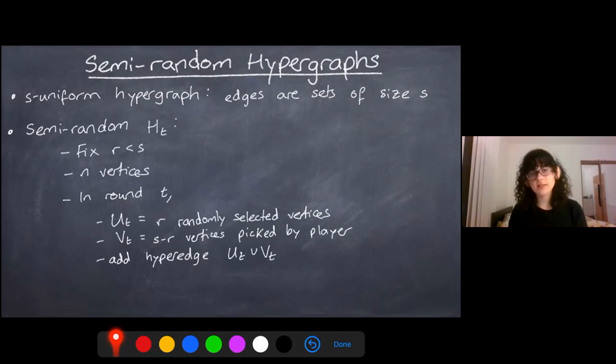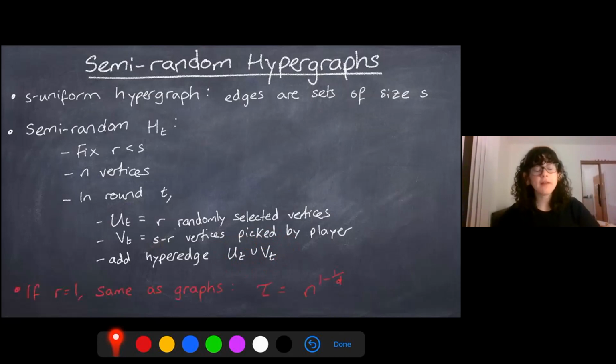We have n vertices, and in the t-th round, we have some set now of vertices, U_t, which are the randomly chosen vertices, chosen uniformly at random, and the player can pick s minus r vertices, which are going to be the rest of the vertices of our hyperedge, and then they add this edge that's the union of the randomly chosen vertices and the vertices that they chose. So it's just the generalization of our graph case, and we now have much more freedom because we have potentially edges of size more than 2.